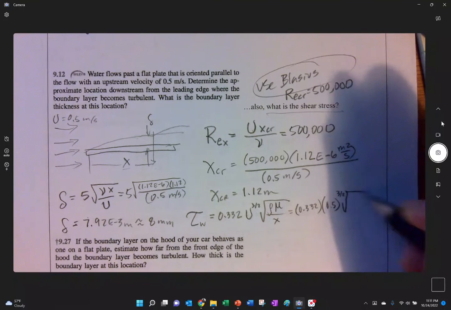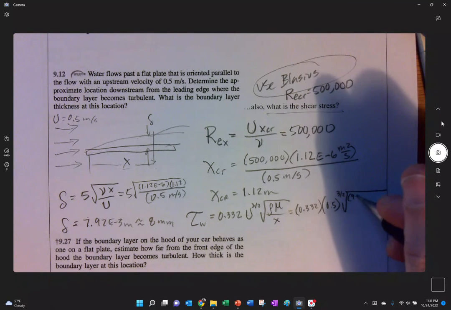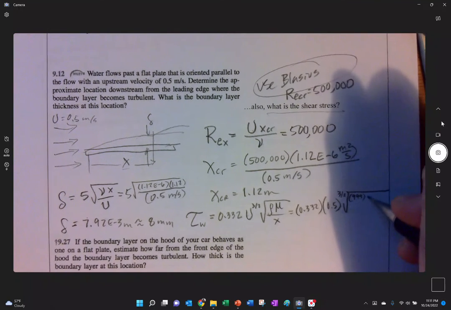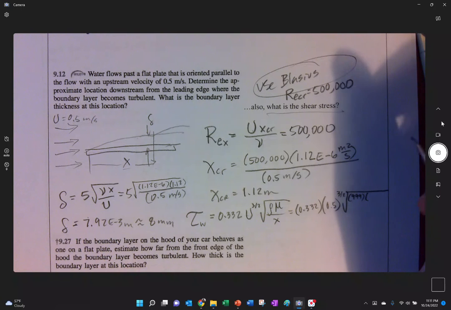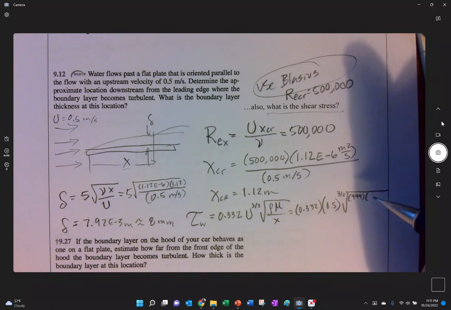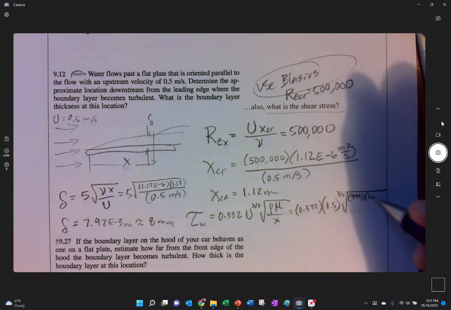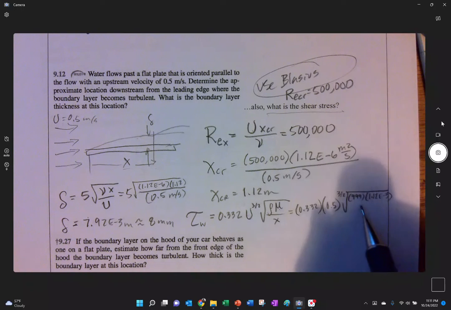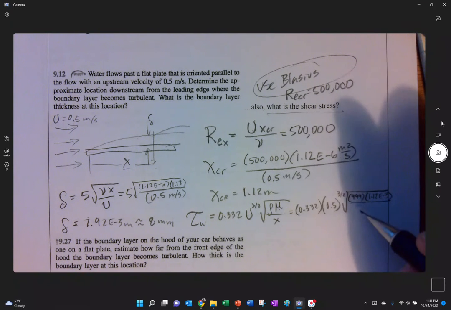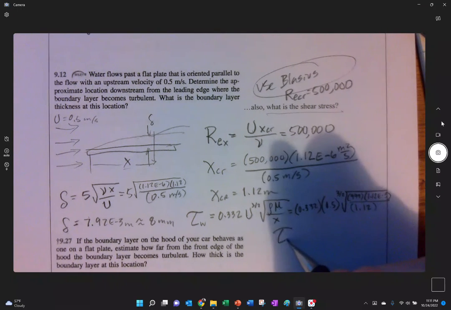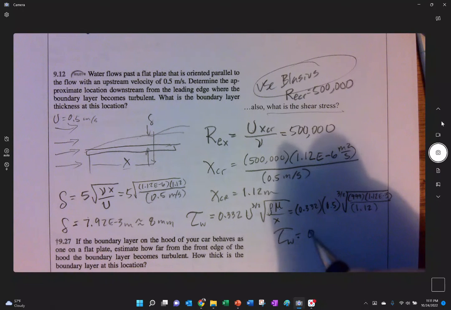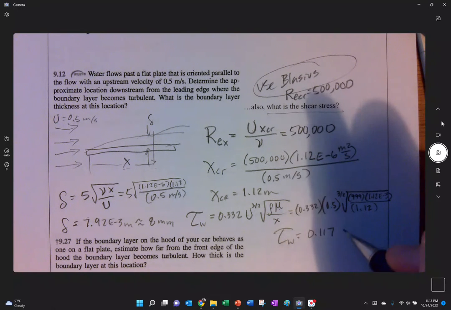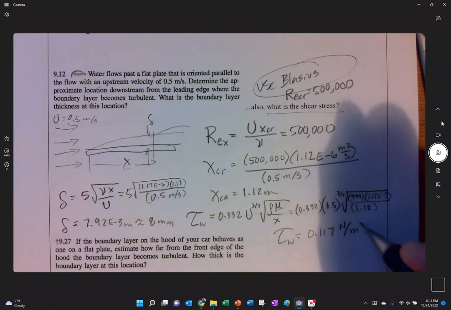We're going to get 999 kilograms per cubic meter, and 1.12e-3 for the dynamic viscosity, all divided by our 1.12 meters. So we get the shear being 0.117 newtons per meter squared, right?